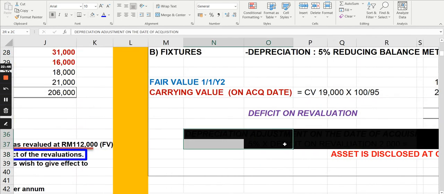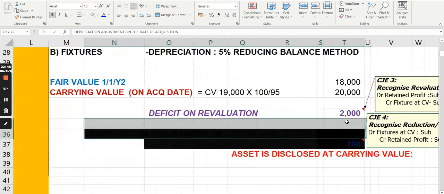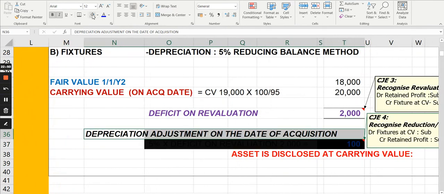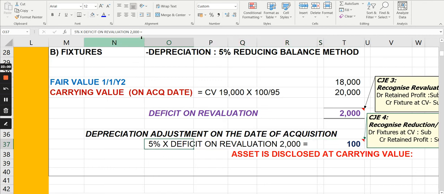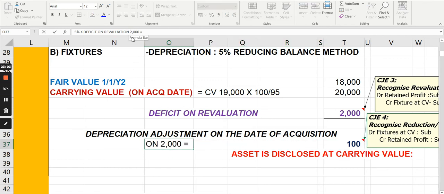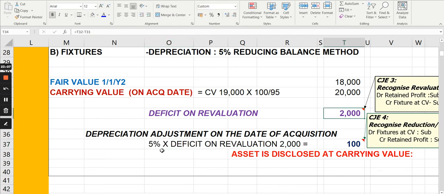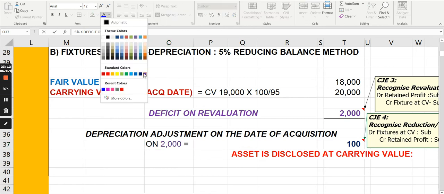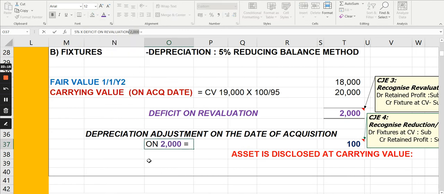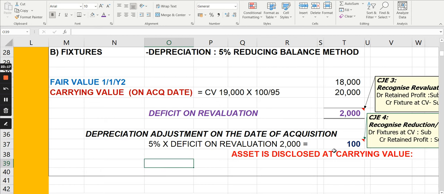Adjustment for depreciation is slightly easy for reducing balance method because you just need to gross up again. So depreciation adjustment as at the date of acquisition, what you will do is you're going to take the deficit on revaluation, which is the deficit of 2,000 here, and then you will multiply with 5%.